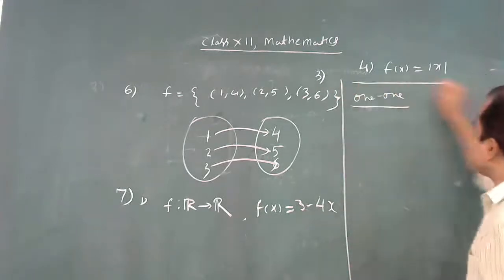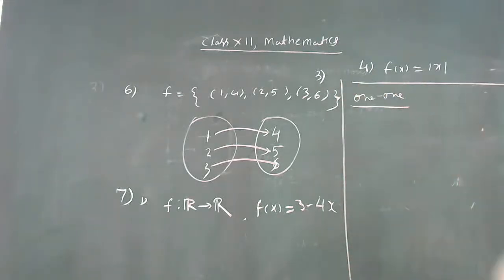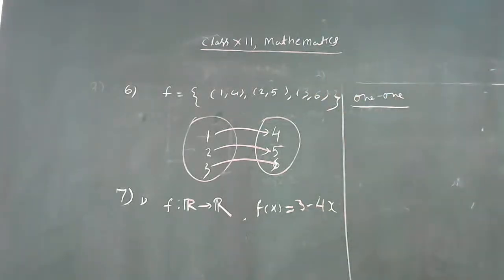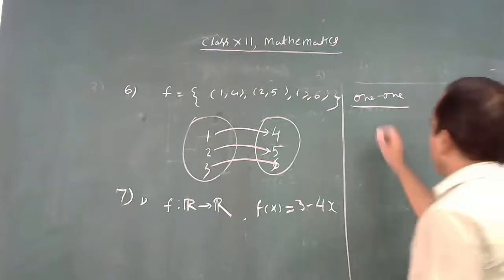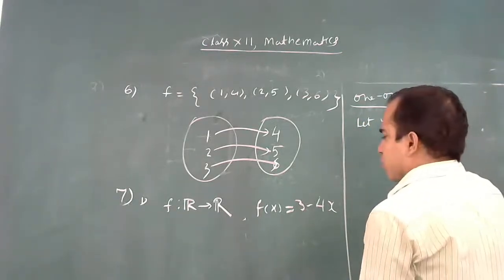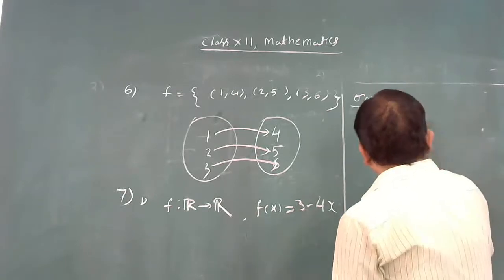To prove that this is 1 1, you know how to begin. We should begin with let fx equal to fy.